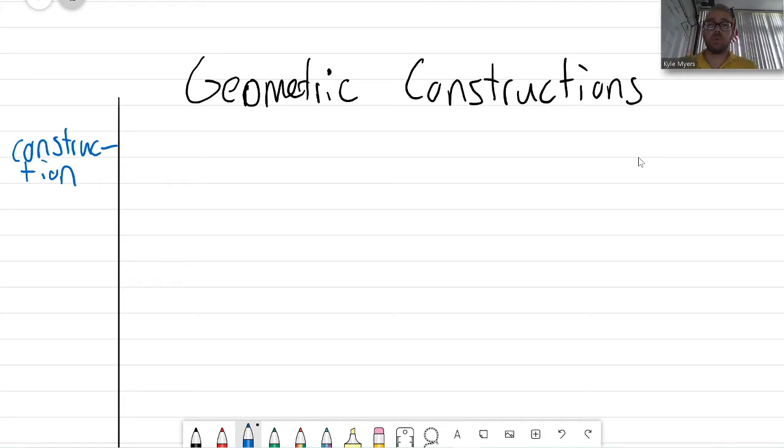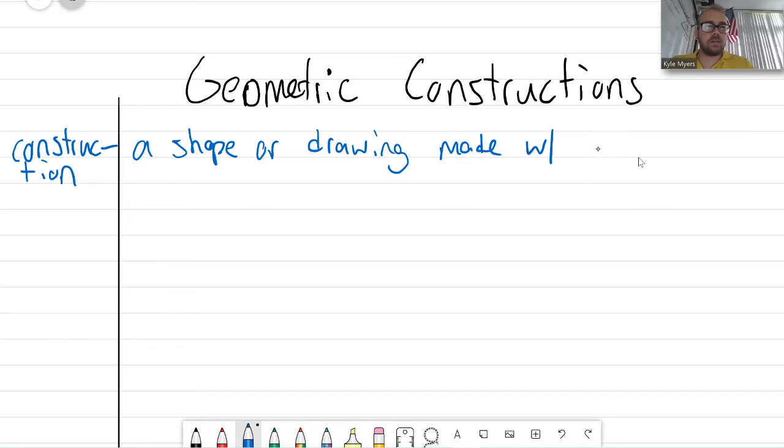All right, so the tools that we use to make circles and lines are a compass. So it's a shape or drawing made with a compass. And compass is what we use to make circles.